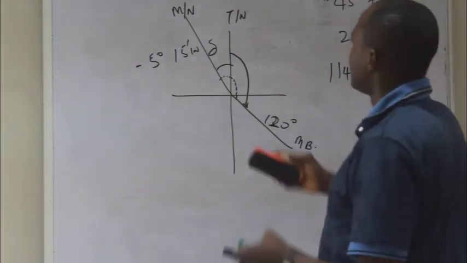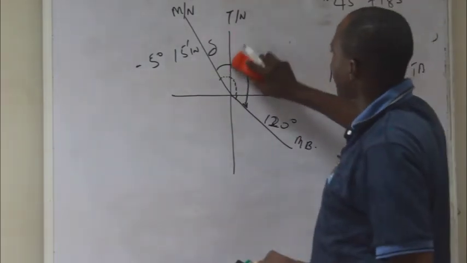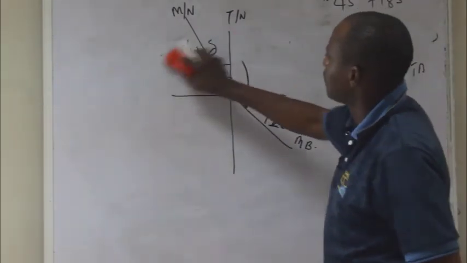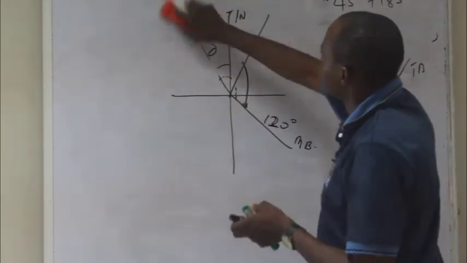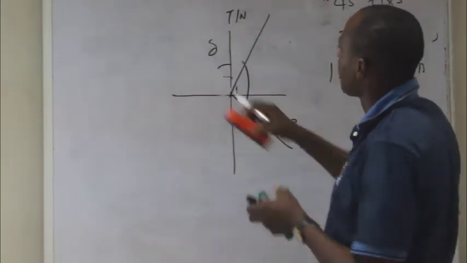Now let's assume that the declination is on the other side here, is positive, 5 degrees 15 minutes. Assuming the magnetic north is here, meaning that the declination is positive.